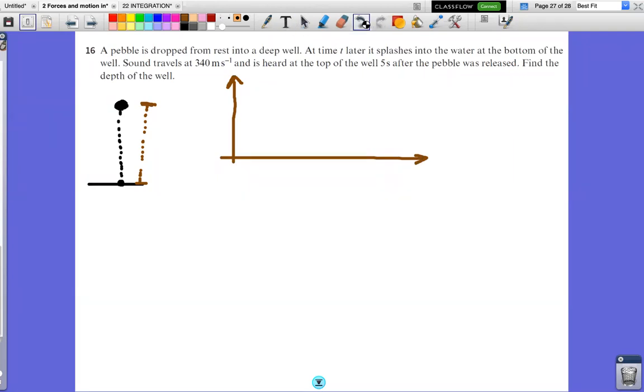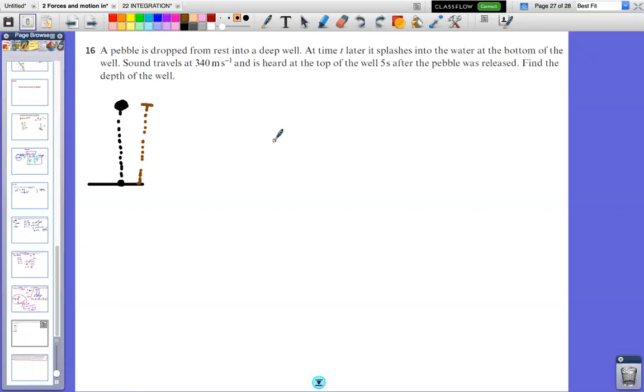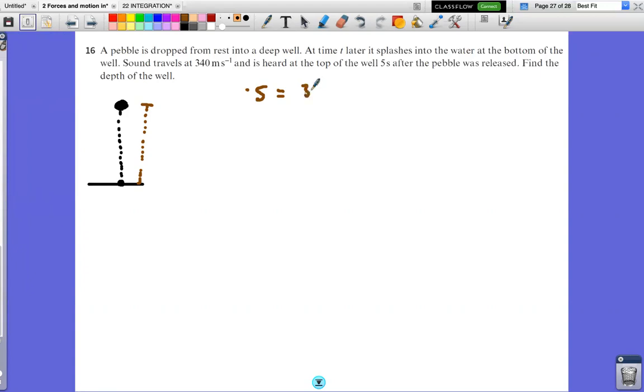So I'm not going to even draw this diagram. It's pointless. The distance traveled by sound, S, is the speed of sound, 340, call this H, 340 times the time it takes.